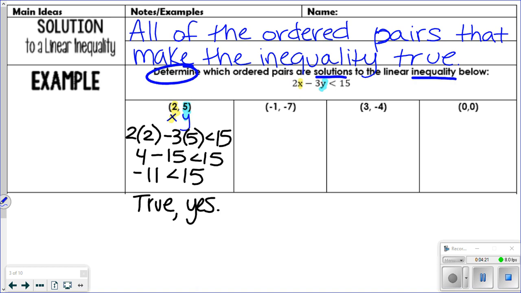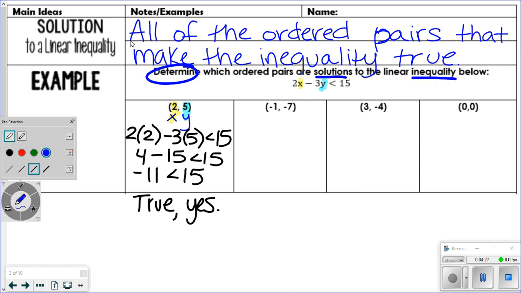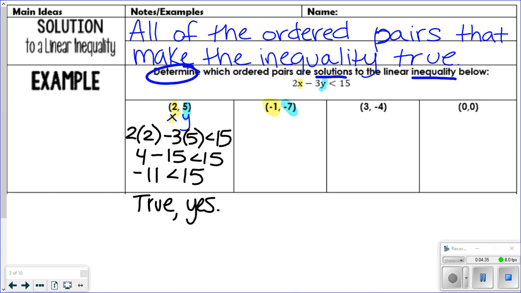Okay, so let's do the same thing for the next ordered pair. Again, we want to plug in negative 1 for x and negative 7 for y and see what we get. So 2 times x, which is negative 1 this time, minus 3 times negative 7 is less than 15.